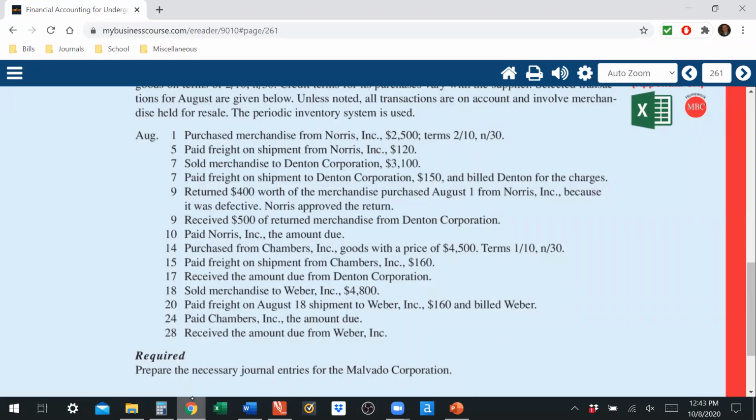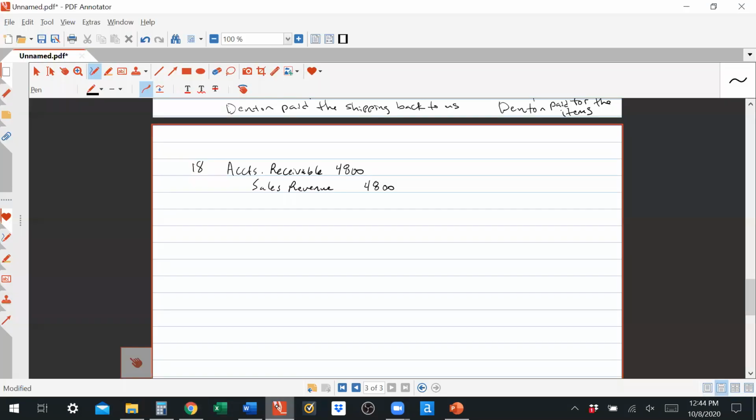And then on the 20th of August, we pay freight on the August 18th shipment to Weber, $160, and then we bill Weber. So now the journal entries are getting redundant. We've already done this. We're going to debit accounts receivable. If we didn't bill Weber for the shipping, we'd just cover it ourselves, we would debit shipping expense right there, credit cash.